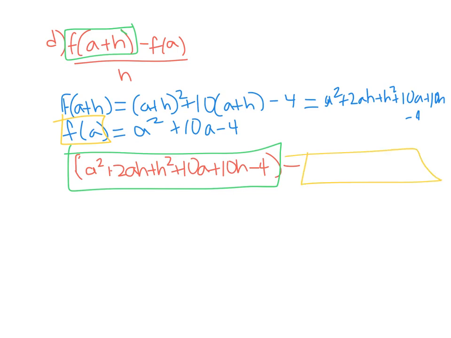I'll put that in right here, which we know is a squared plus 10a minus 4. You'll notice that I have that in parentheses. A lot of people forget to distribute that negative. Actually, if you forget to distribute that negative, the nice things that usually cancel out are not going to cancel out. So don't forget to do that. And this is all over h.